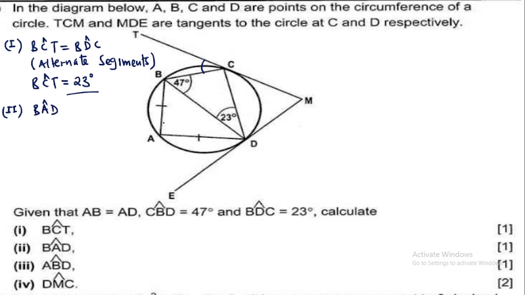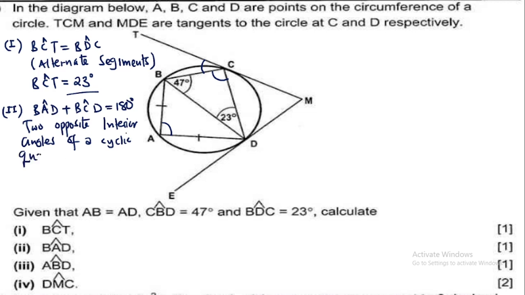Now, angle BAD plus angle BCD is going to give us 180, meaning the sum of two opposite interior angles of a cyclic quadrilateral adds up to 180 degrees.